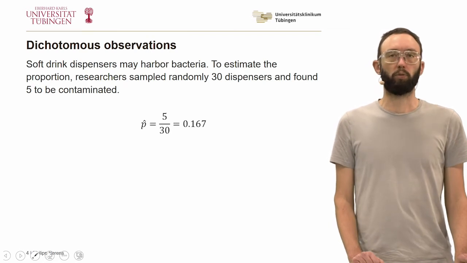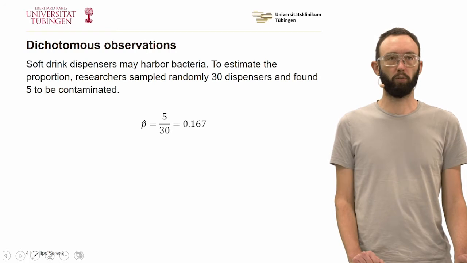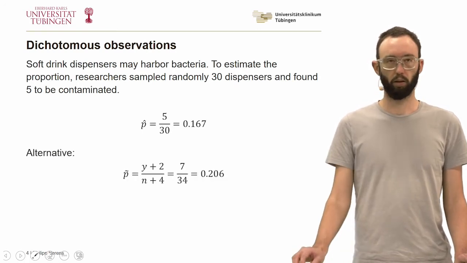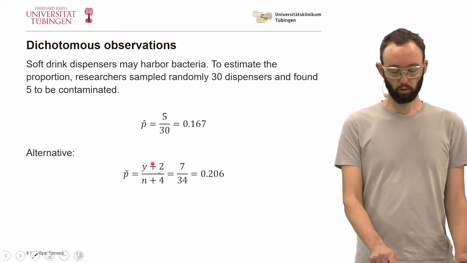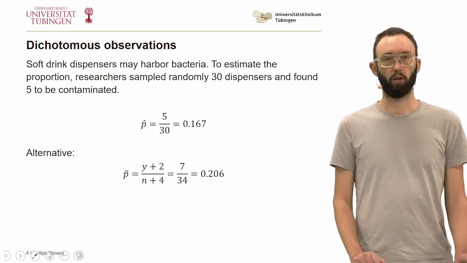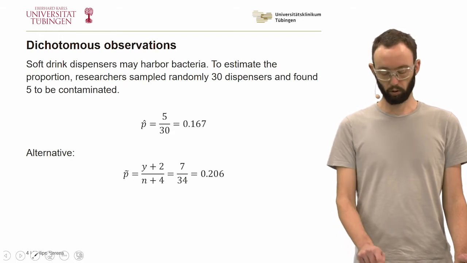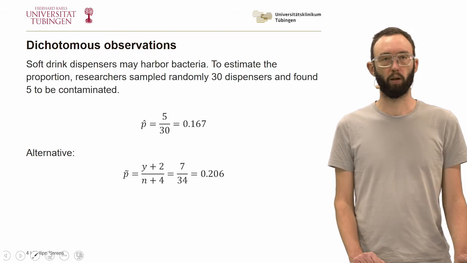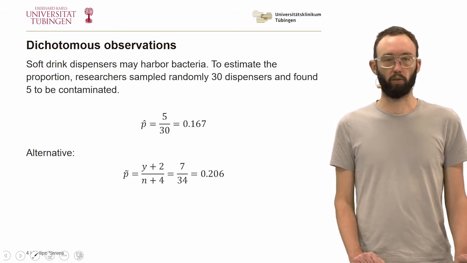One can come up, however, with alternative estimates. And one alternative estimate for the fraction from a sample is here our p tilde, where we add 2 to the numerator and 4 to the denominator, resulting in dividing 7 by 34, or an estimate of 0.206 or 20.6%. It's important to realize that both of these are valid estimates.